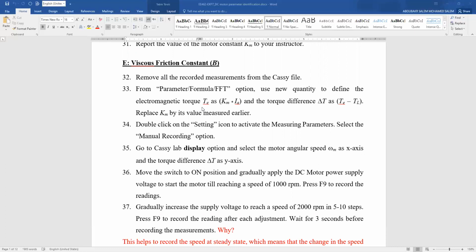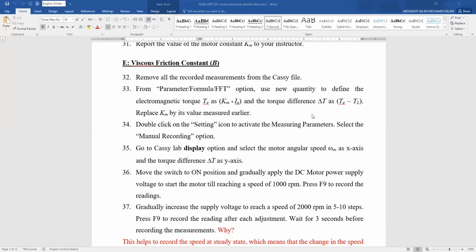This measured torque is the shaft torque or the machine output torque. However, we need to calculate the electrical torque. So simply, electrical torque is nothing but the machine constant multiplied by the armature current. We already calculated the machine constant and the current during the test will be measured, so we can define electrical torque in that way.